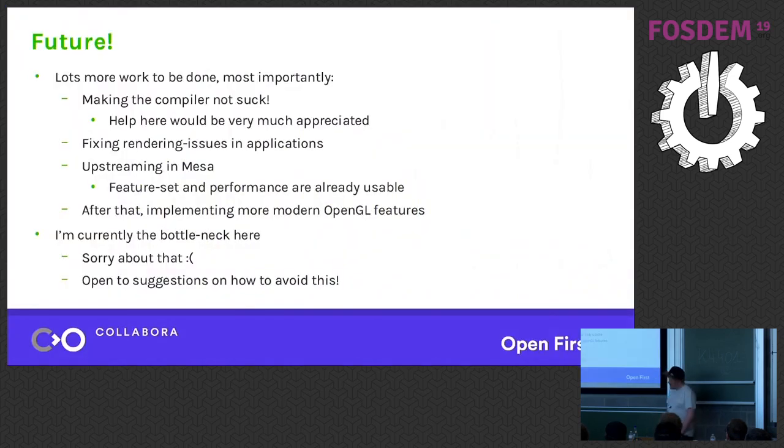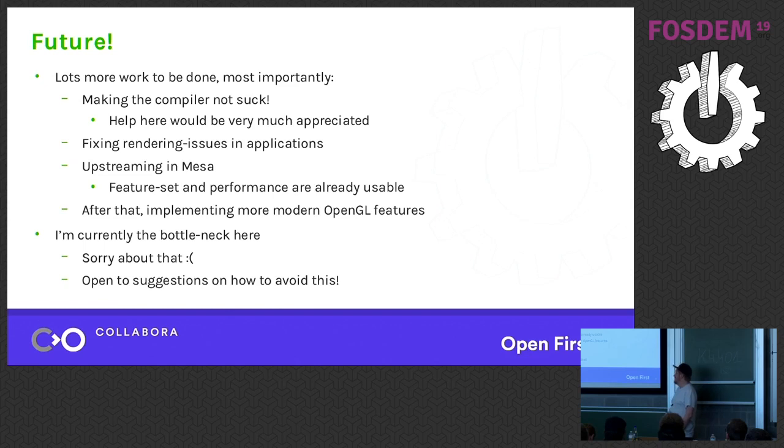In the future, there's a bunch more stuff to be done. The biggest problem is that the compiler is not as great as it could be. I'm not really a compiler guy, so if someone who knows compilers would like to help out, that would be awesome.